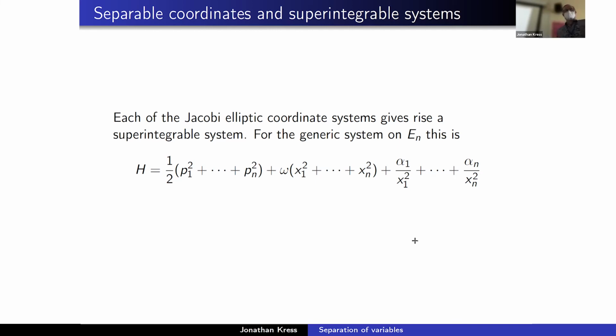I might just say one last thing. Conrad's approach to treating the separable systems as an algebraic variety is now another project, not a little project, a big project with him, myself, and Andreas Vollmer, to do something similar for the superintegrable systems.